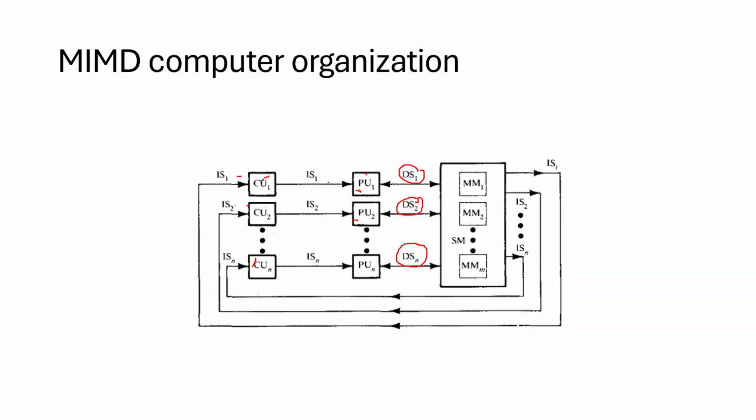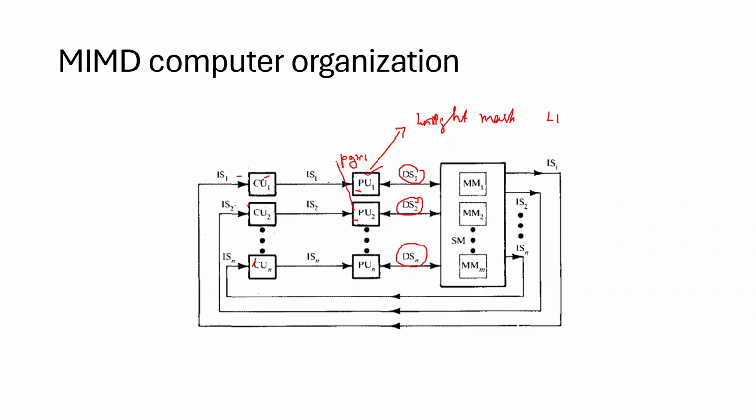For example, processing unit 1 is calculating the highest mark of language 1.